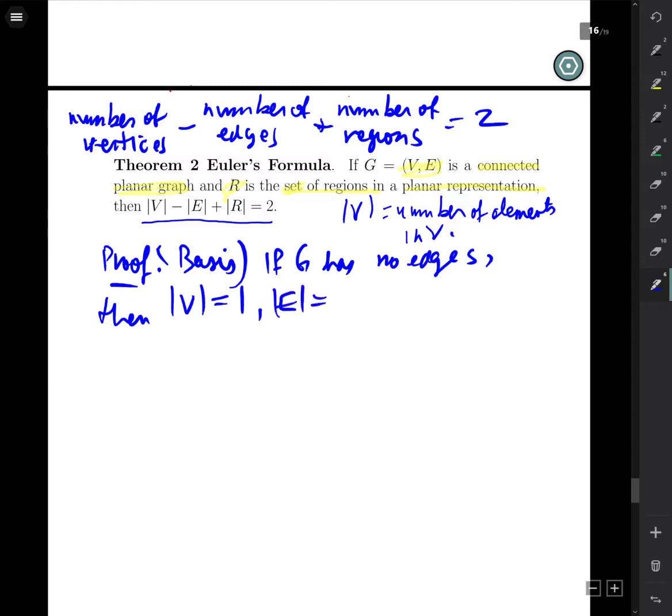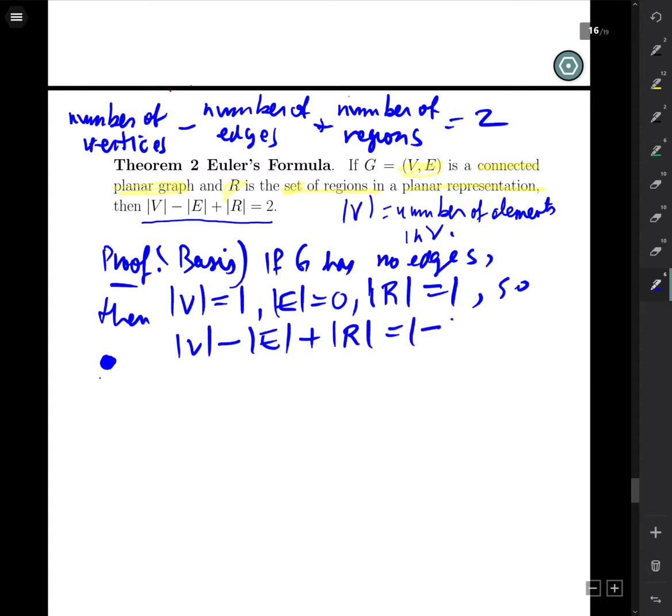E has no edges, and how many regions are there? Well, let me sketch this so we can view it. So here's our graph right here, just that one vertex, and there is one unbounded region in that planar representation. So V and R each have one element, and it's clear that the formula holds there. The number of things in V minus the number of things in E plus the number of things in R is 1 minus 0 plus 1 is 2, right?